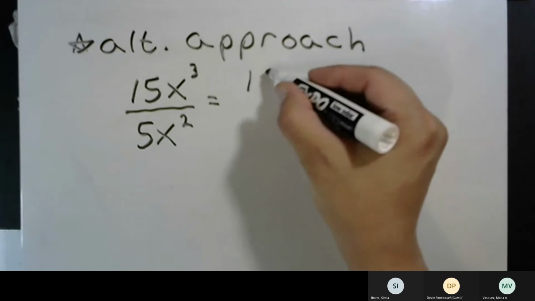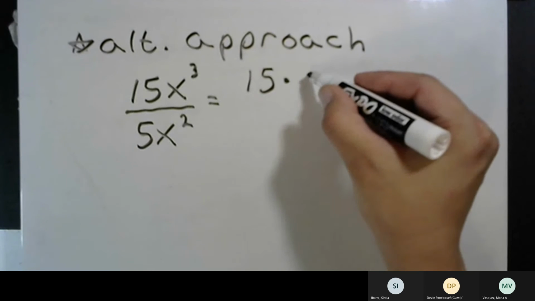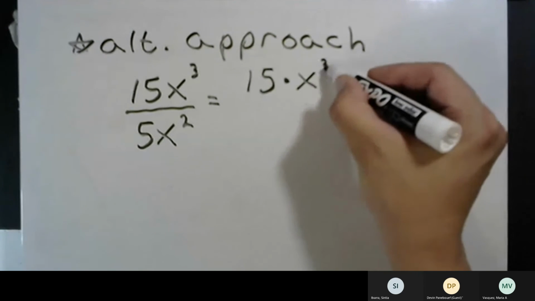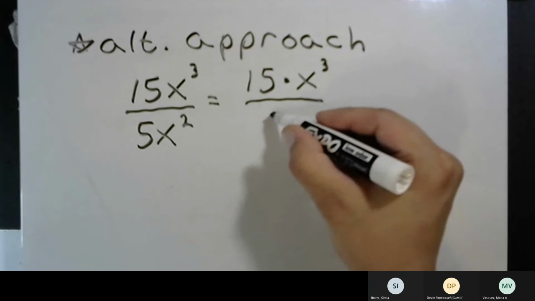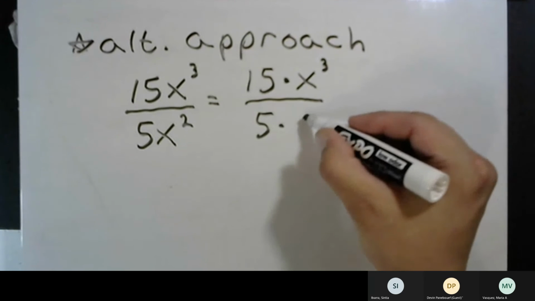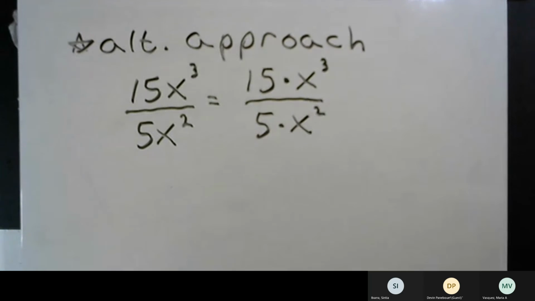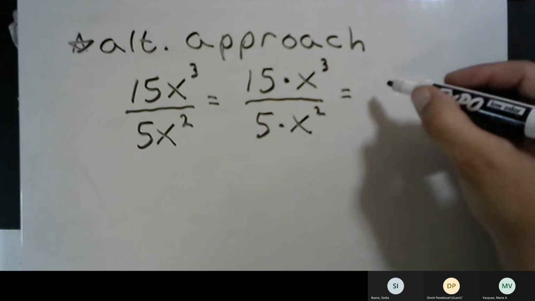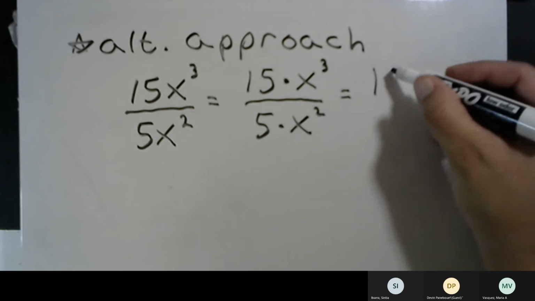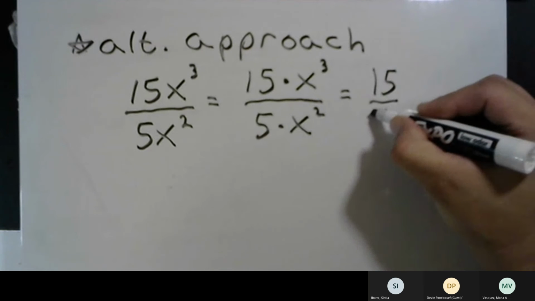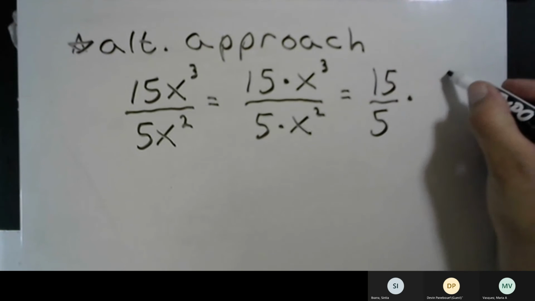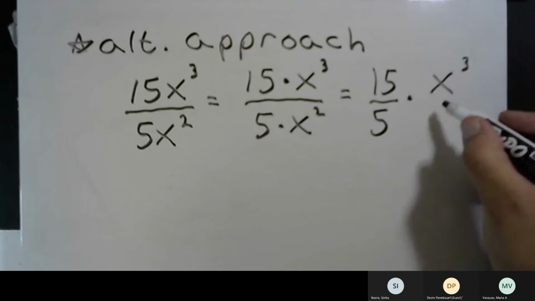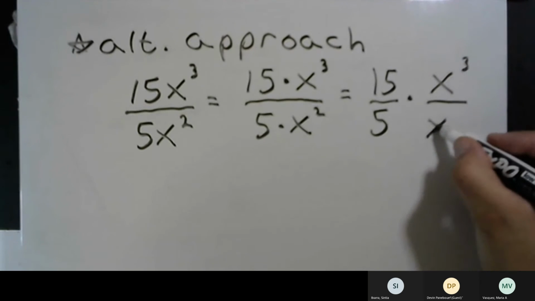We can think of this in terms of multiplication to some degree, and we can treat this specifically like it was fraction multiplication, like we had the fraction of coefficients times a fraction of variables.